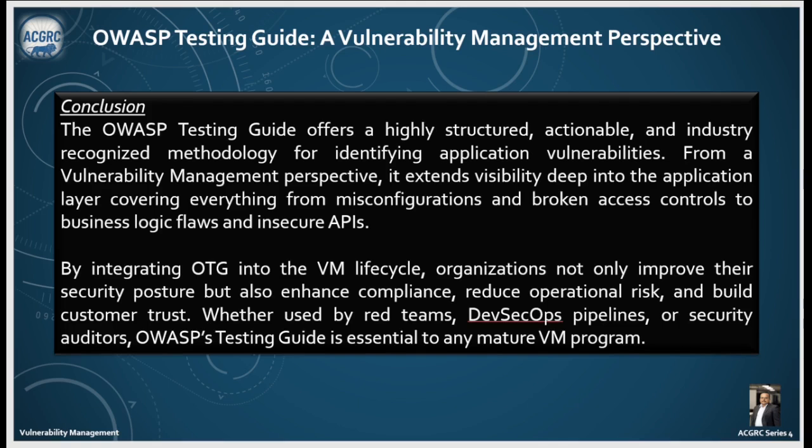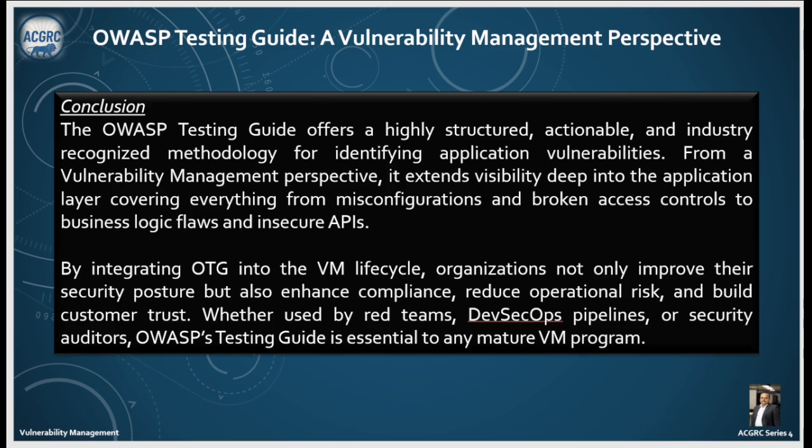In conclusion, the OWASP testing guide offers a highly structured, actionable, and industry-recognized methodology for identifying application vulnerabilities. From a vulnerability management perspective, it extends visibility deep into the application layer, covering everything from misconfiguration and broken access controls to business logic flaws and insecure APIs.